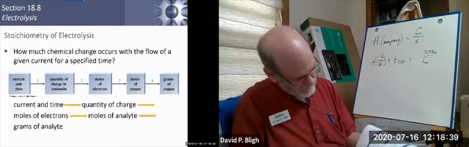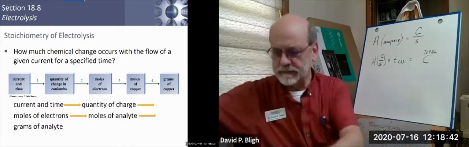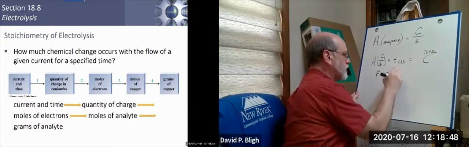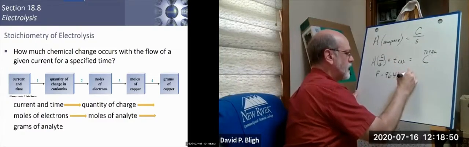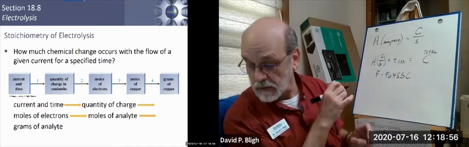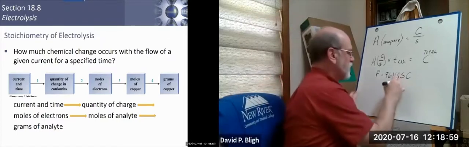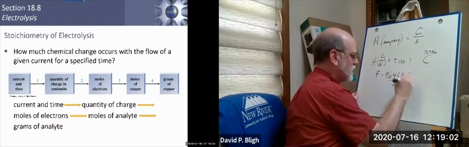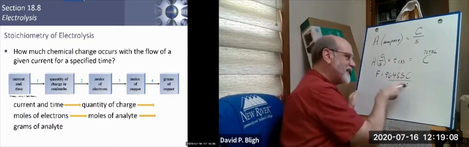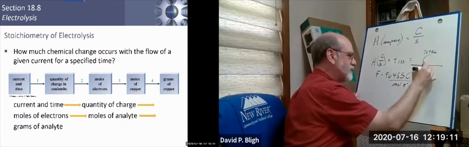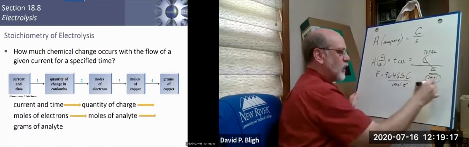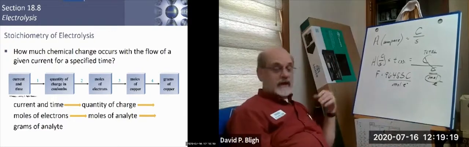Here it is. 96,485. 1 Faraday is equal to 96,485 coulombs per mole of electrons. So now that you have coulombs, you divide that by coulombs per mole, coulombs cancel, and you have moles of electrons. Right? So that gives you moles of electrons.